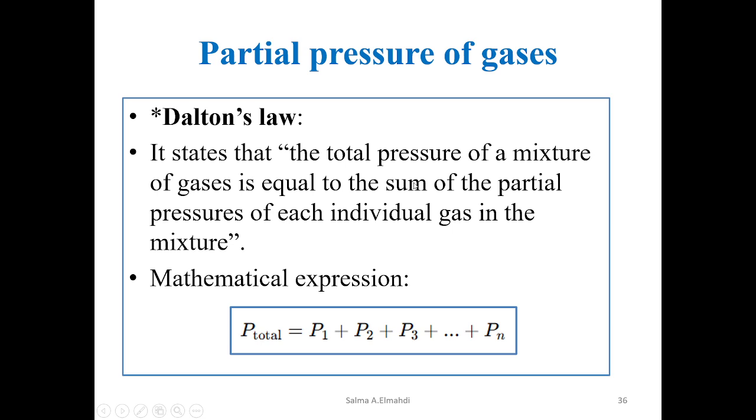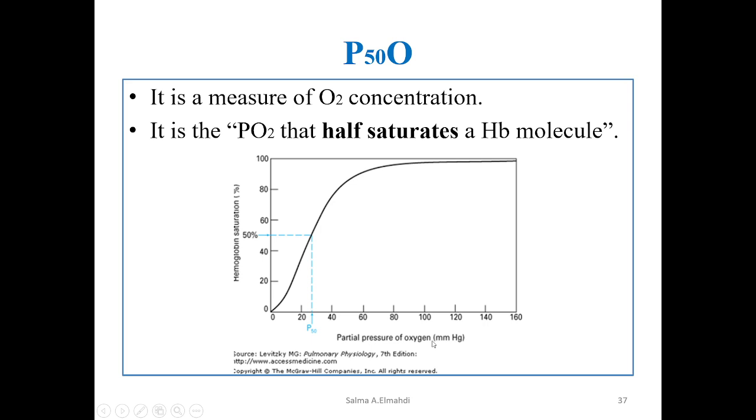Dalton's law states that the total pressure of a mixture of gases is equal to the sum of partial pressures of each individual gas in the mixture, which we have just explained. The mathematical expression is simple: total pressure equals the sum of the partial pressures of the individual gases in the mixture. We have what we call P50, the partial pressure of oxygen at 50, which is a measure of oxygen concentration.